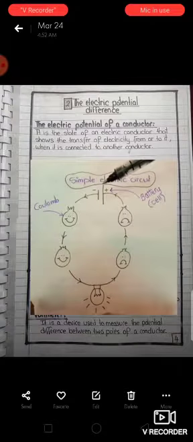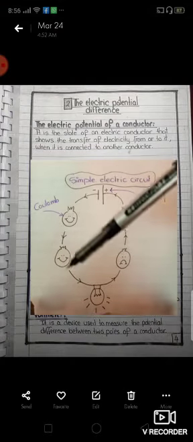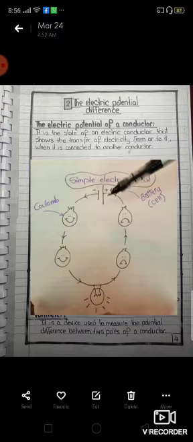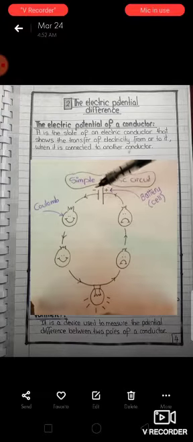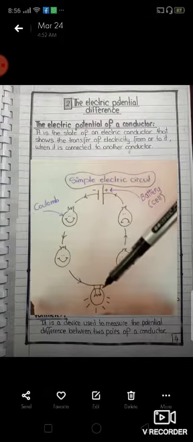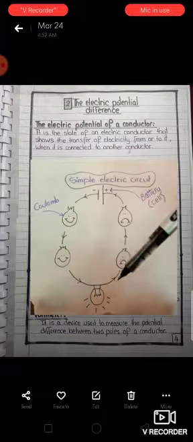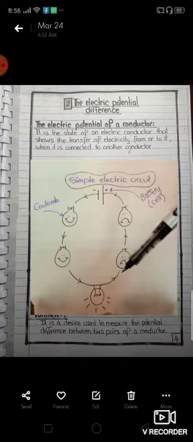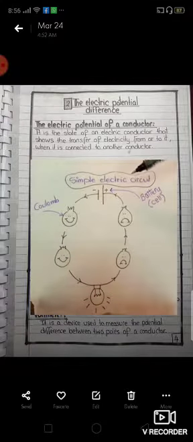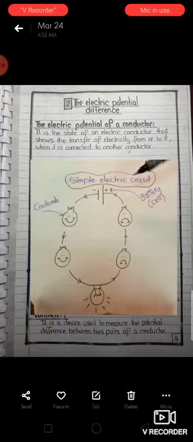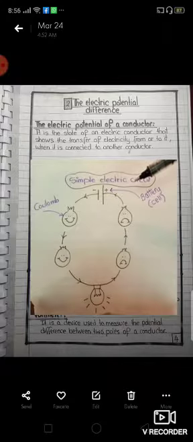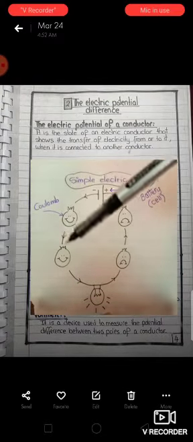The electrons go around the circuit and get the energy from the cell and give this energy to the lamp so it changes to light energy. And then the electrons return back to the cell out of energy, so it goes back to the cell to get more energy and so on.